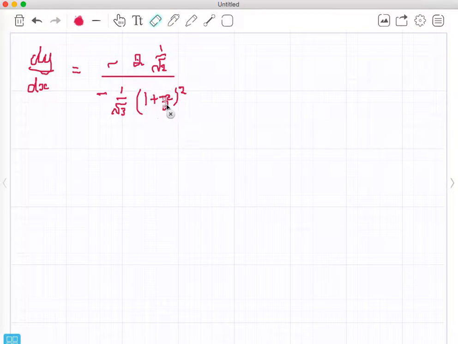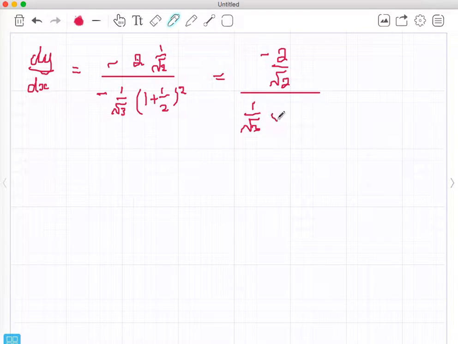So that's going to be, just so that we're not confusing you, I'm trying to do a couple of steps there. 1 over 2, so that's going to give me 3 over 2. So on the top I'm going to have minus 2 over root 2, and on the bottom I'm going to have 1 over root 3 times 9 over 4.